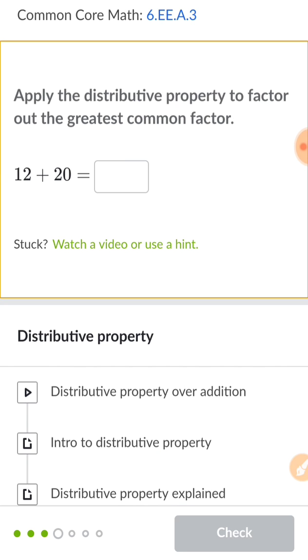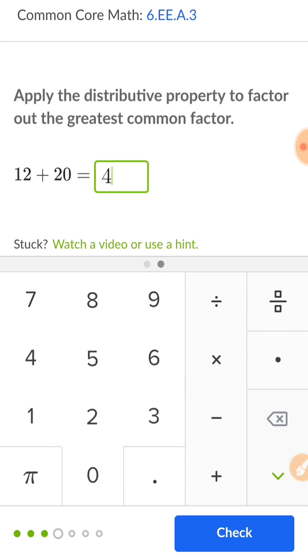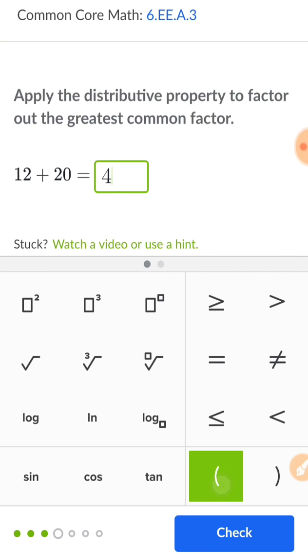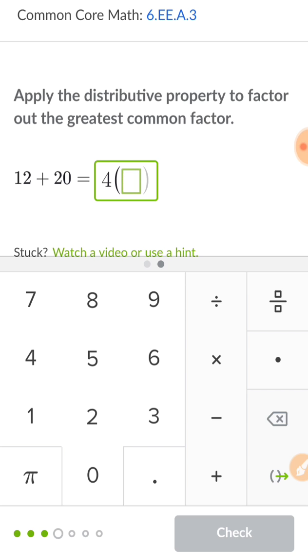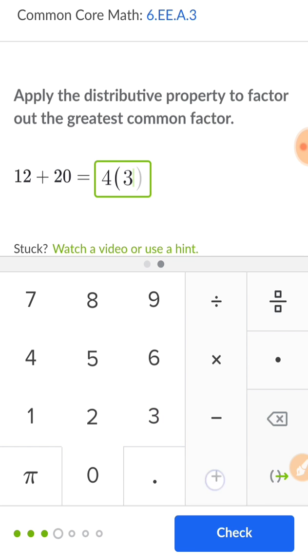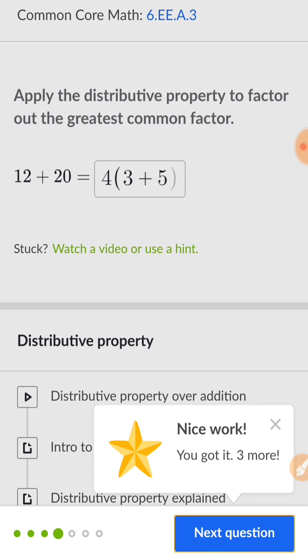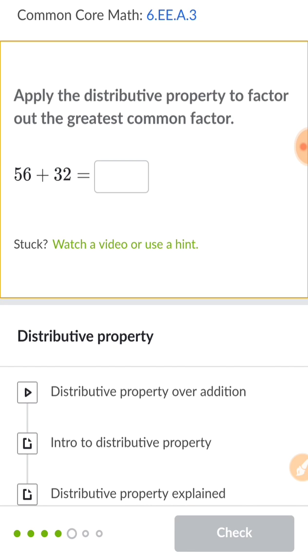12 plus 20, my greatest common factor again is 4. So 4, open the parentheses, and then 12 divided by 4 is 3, plus 5. 56 plus 32.